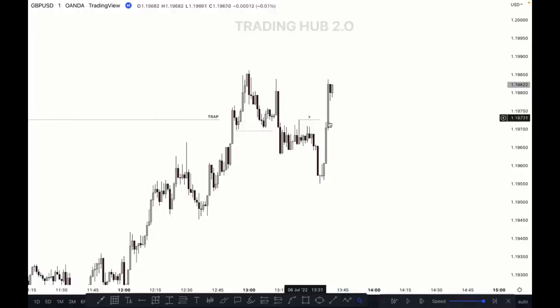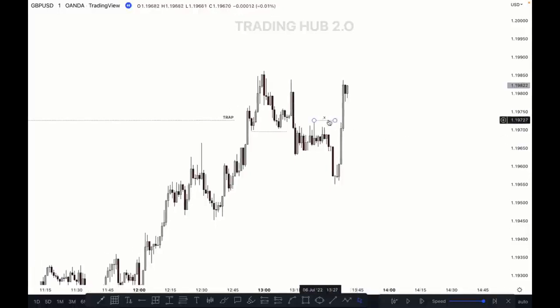In this case the market took out this high, which is correct, but there is no candle reaction yet. If the market did not close below it and did not give any reaction, then wait for more confirmation.